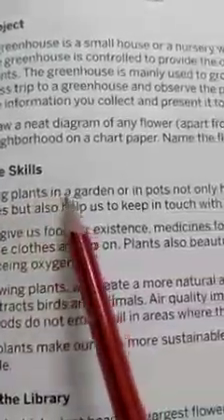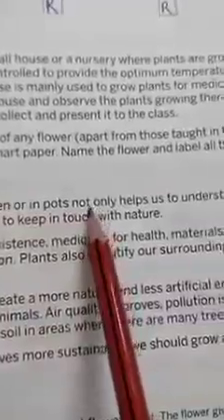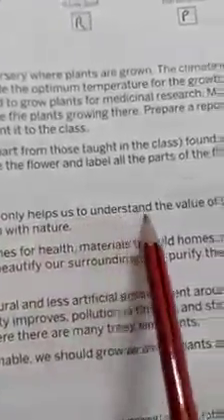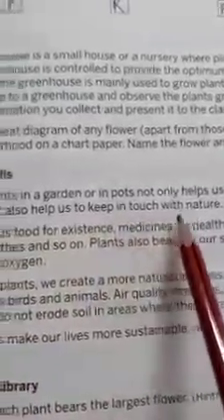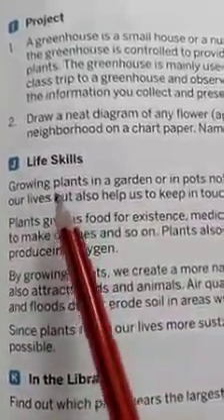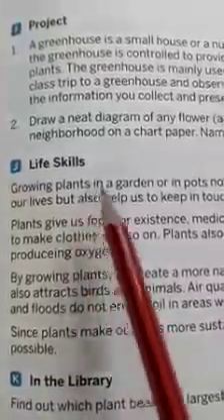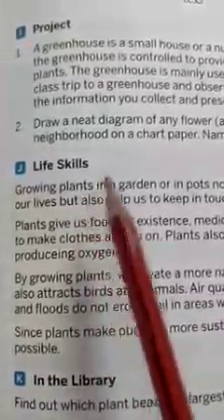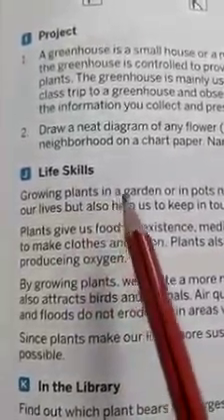Growing plants in a garden or in a spot not only helps us to understand the value of plants in our lives but also helps us keep in touch with nature. Dear students, the habit of growing plants not only helps to clean the environment, it also helps us to touch nature.